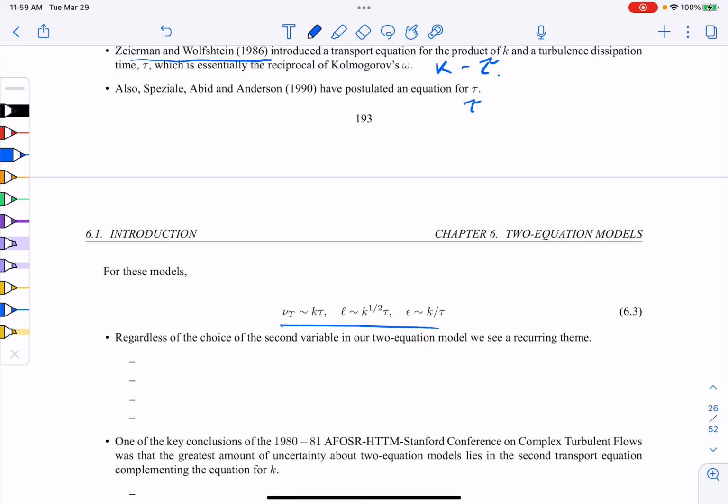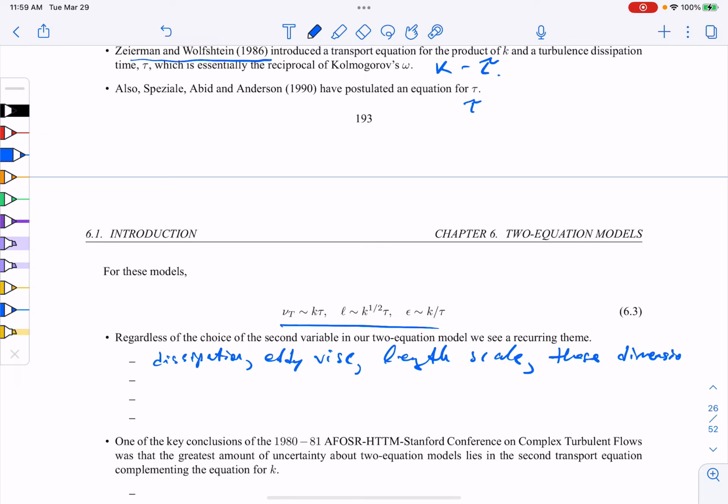Okay, so you have lots of choices for the second variable, and the two most popular are omega and epsilon. And just to summarize these, you might have dissipation, eddy viscosity, length scale, and these all have dimensions, and the equations can sometimes be found through dimensional analysis.